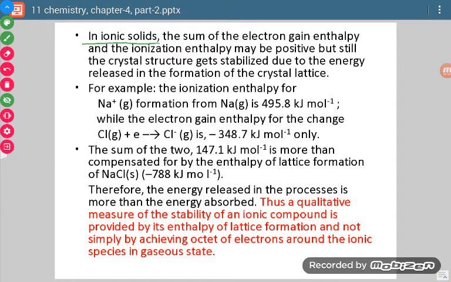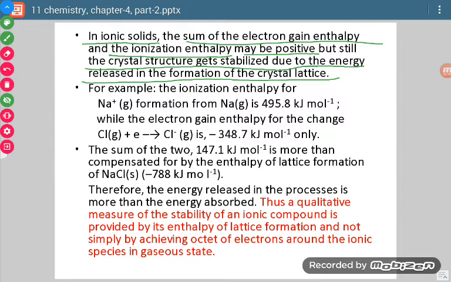Now see, in ionic solids, the sum of the electron gain enthalpy and ionization enthalpy may be positive, but still the crystal structure gets stabilized. Why does it get stabilized? Due to energy released in the formation of the crystal lattice. Now what does it mean? It means that the lattice enthalpy value was very high.